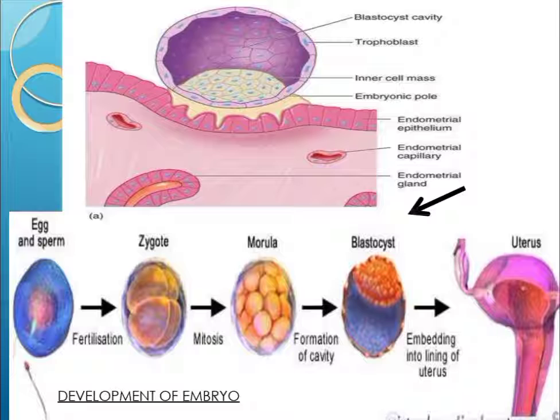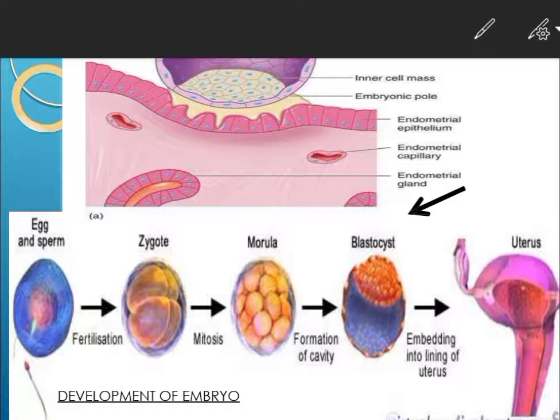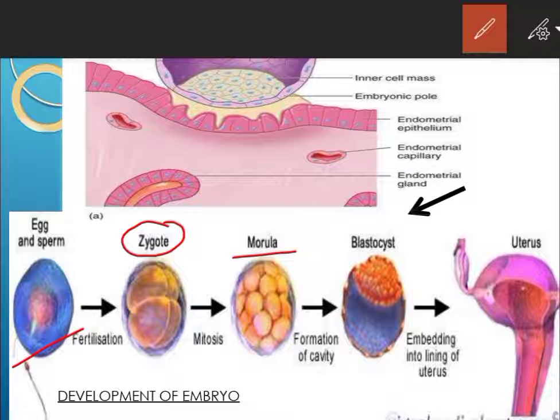Okay. So this is the diagram showing the implantation, wherein you can see in this first diagram there is a fusion of male and female gamete which results in formation of zygote. Zygote further divides and produces the 8 to 16 cell stage which is called morula.